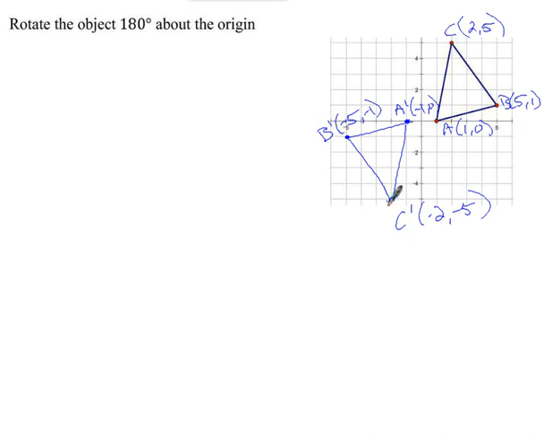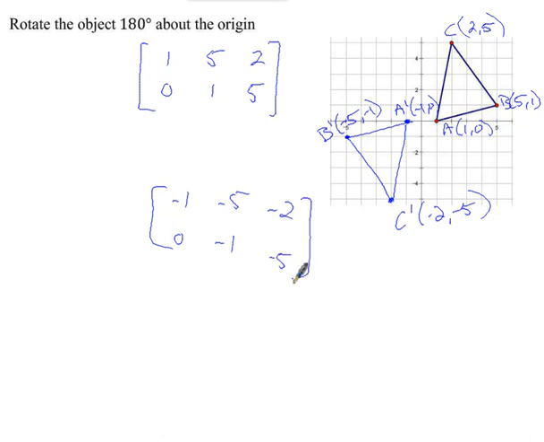So my original coordinate matrix was 1, 0, 5, 1, and 2, 5. My resulting coordinate matrix is negative 1, 0, negative 5, negative 1, and negative 2, negative 5.